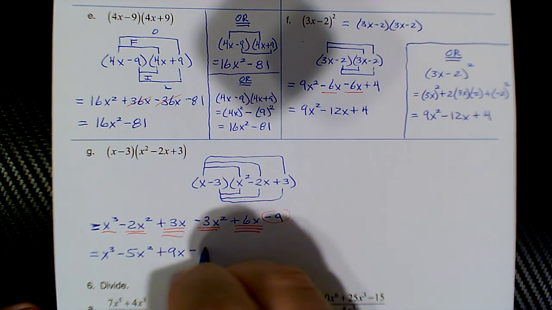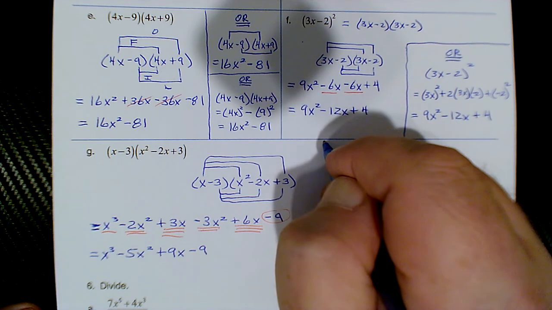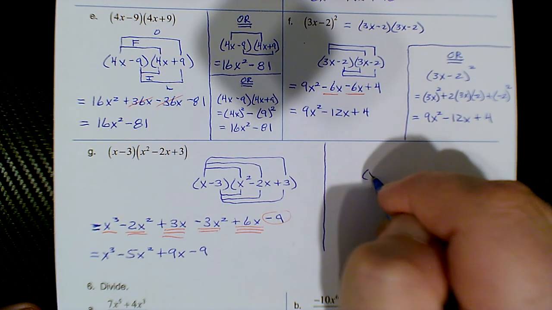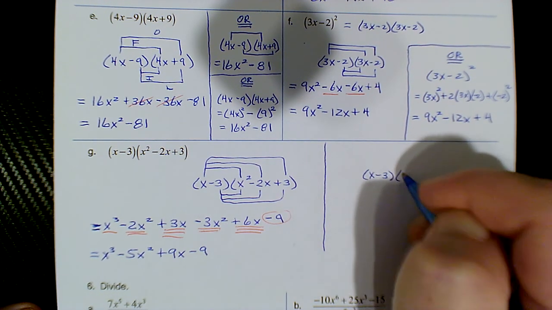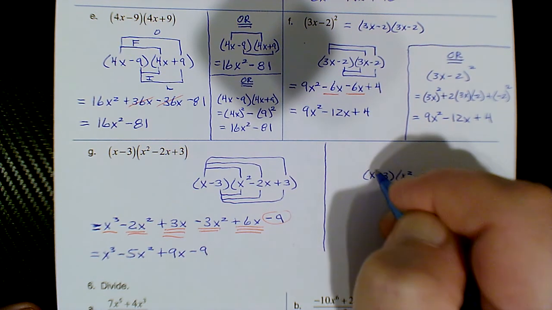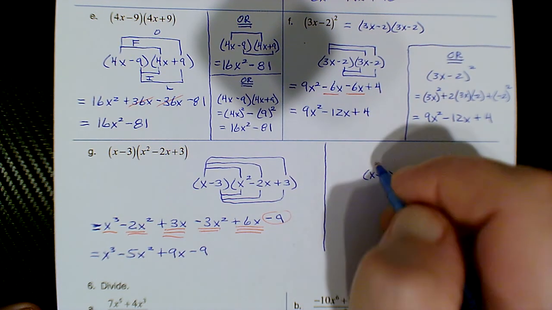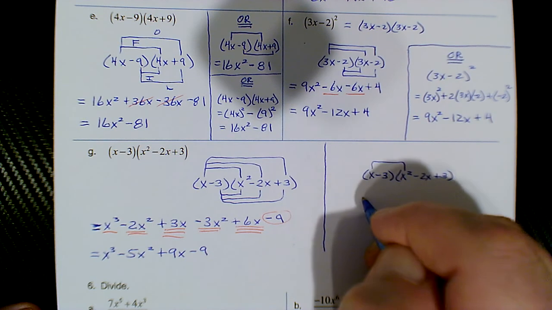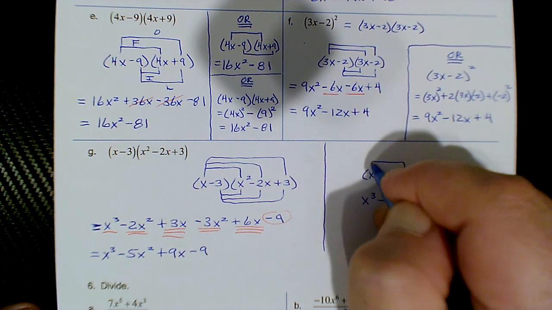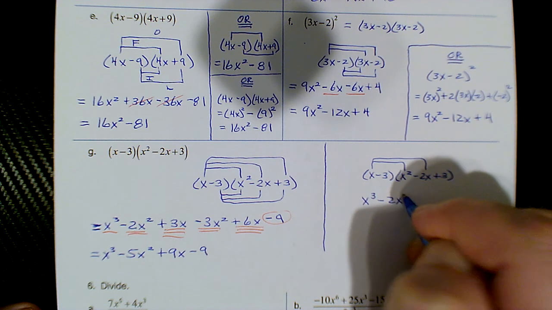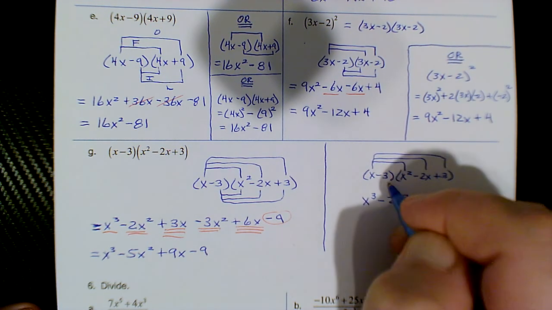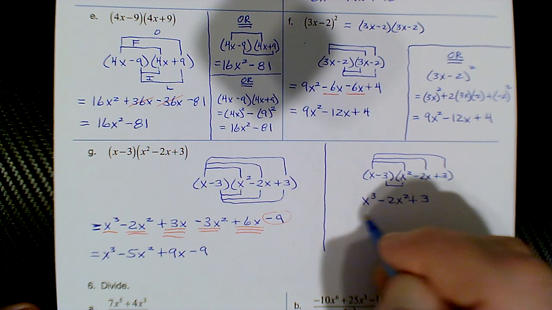Now, an alternative way to do this one, you basically do the same thing, but there's one little advantage to this method that I'm about to show. After we take these products of the first distribution of the x to get x cubed minus 2x squared plus 3x, we could take advantage of adding vertically and lining up like terms.